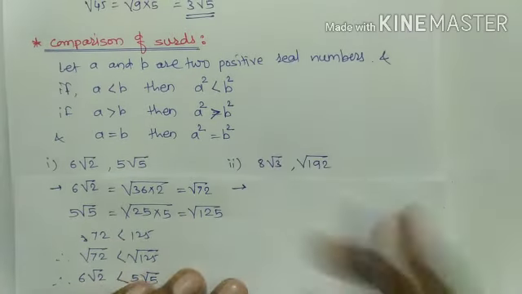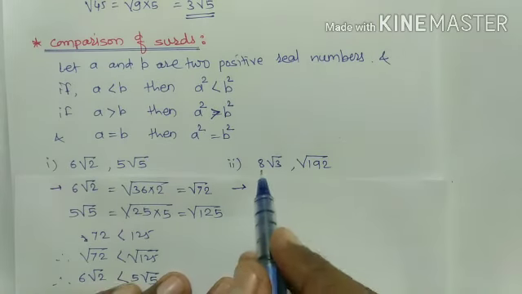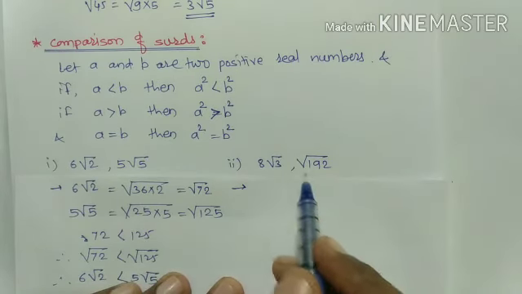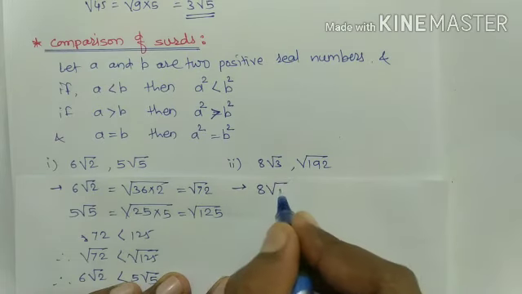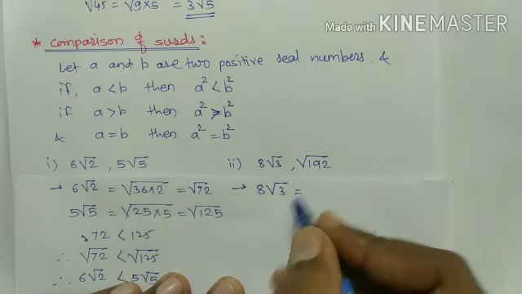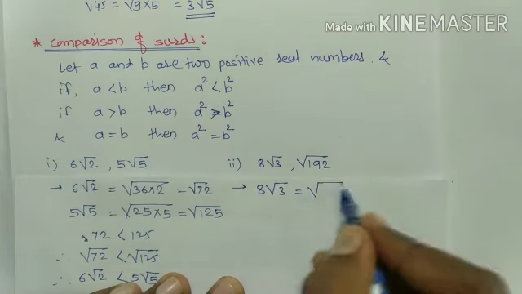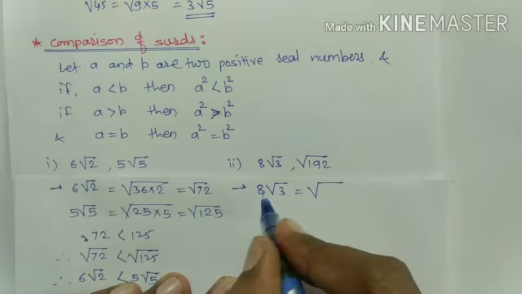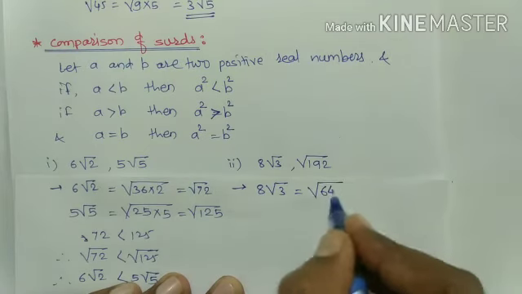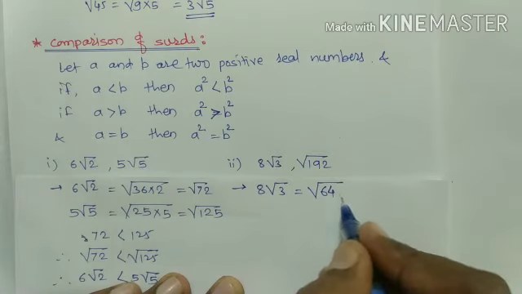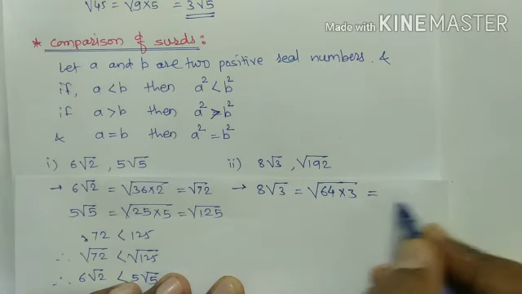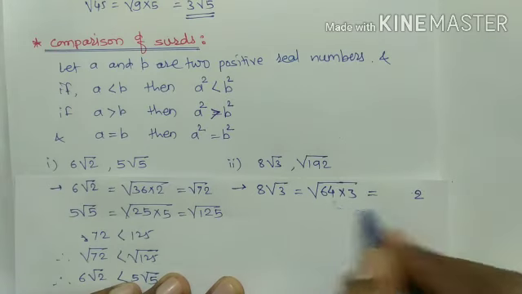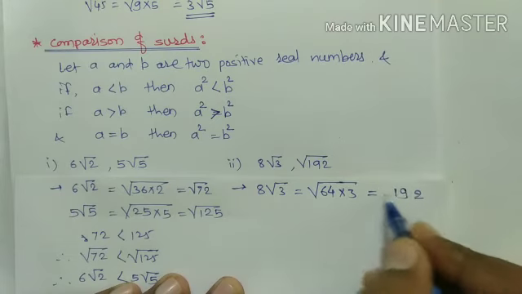Now, we have to compare these two surds: 8 root 3 and root 192. First we write 8 root 3 as a pure surd. Here the order of the surd is 2. That's why square of 8 is 64, into 3. 3 4s are 12, carry 1, 3 6s are 18 plus 1, 19.